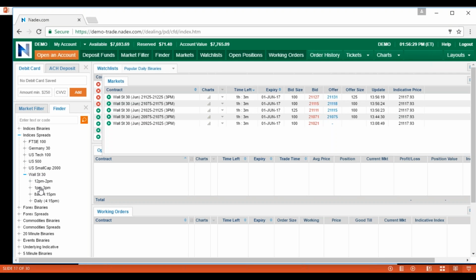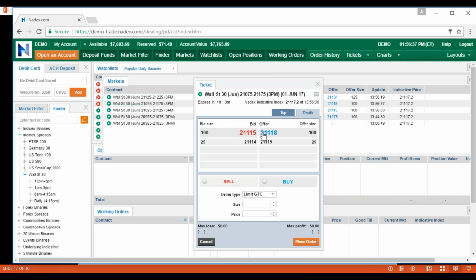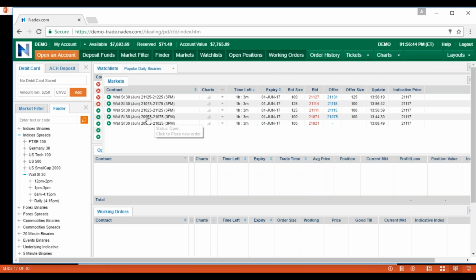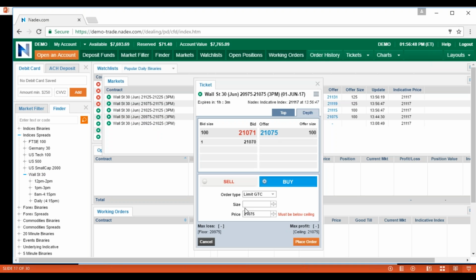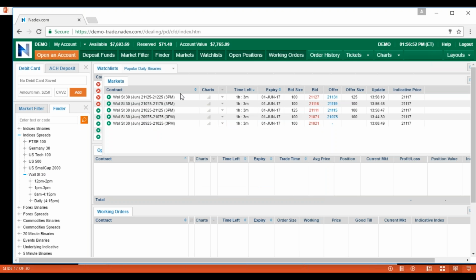But if I look at one of these spreads here that go till 3 o'clock, and let's say I'm looking at this spread right here, and I want to buy this spread. Oh, no, not that one, I'm sorry.